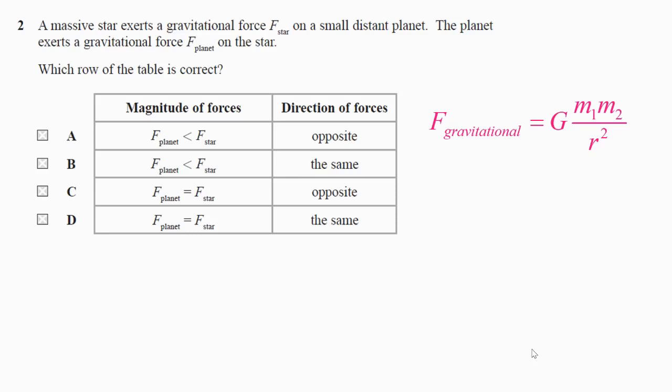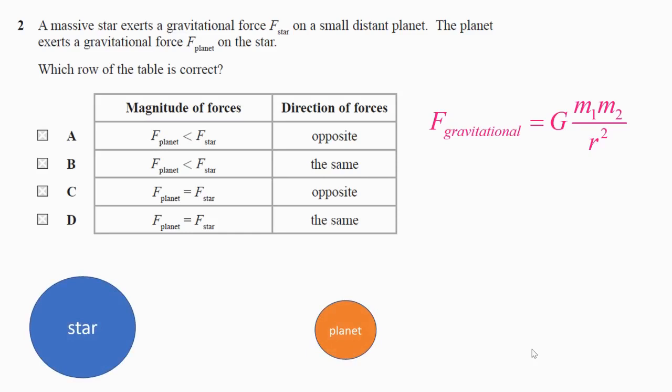R is nothing but the distance between the two masses. So from this expression, it is clear that the gravitational force is proportional to the product of the masses, and it is inversely proportional to the square of the distance between the two masses. If you are considering the star and a planet, the center distance between the star and planet can be taken as r.